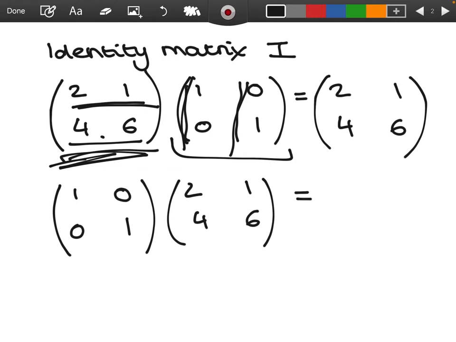Or the answer actually may be undefined in some cases due to the sizing of the matrix. But with an identity matrix, as long as your dimensions match up, meaning that those middle two numbers that we talked about match, it doesn't matter which way around you multiply this, you're going to end up with the same answer. And that is true here. If you were to calculate this again, you still end up with 2, 1, 4, 6.